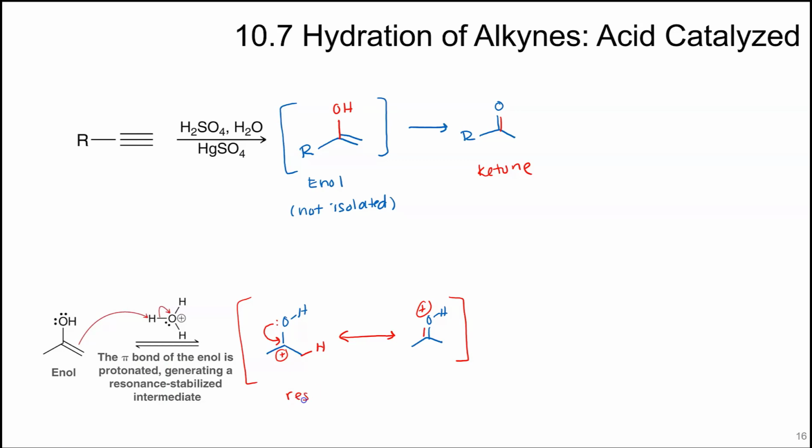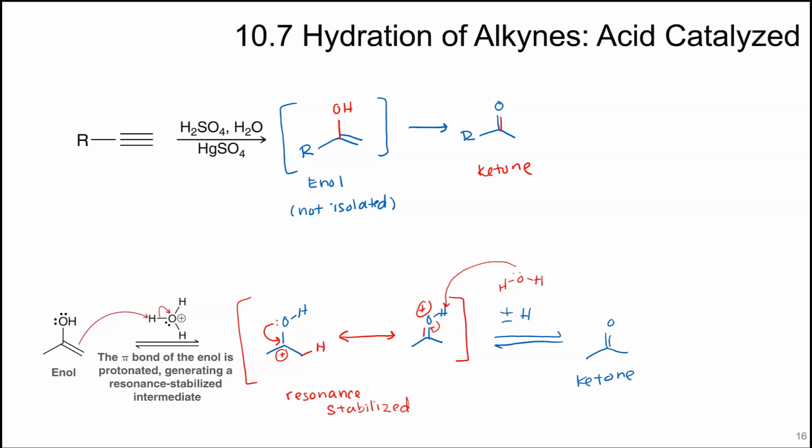So this is resonance stabilized. We can then do another proton transfer with the water. That will take the hydrogen, and the electrons will go back onto the oxygen. And that's where we get the ketone from.